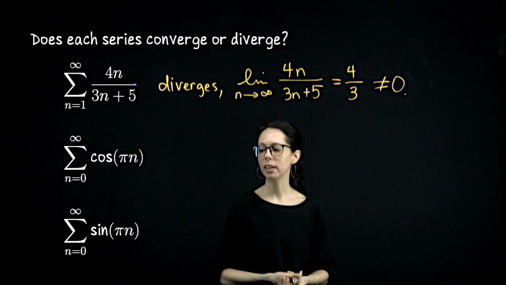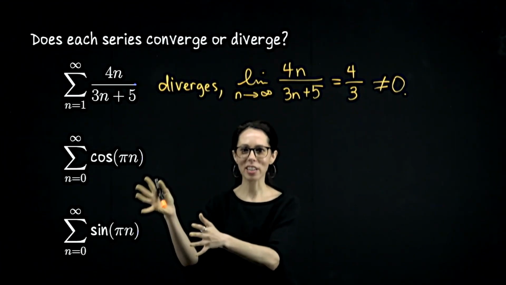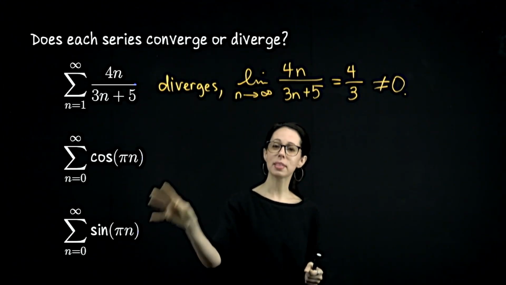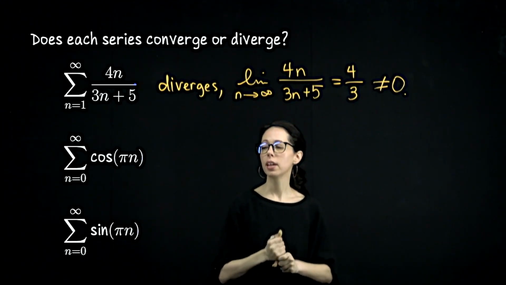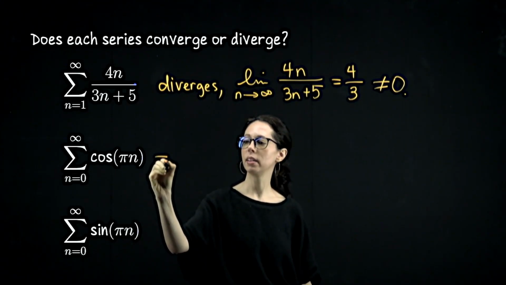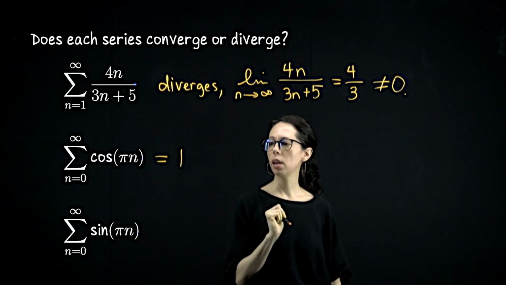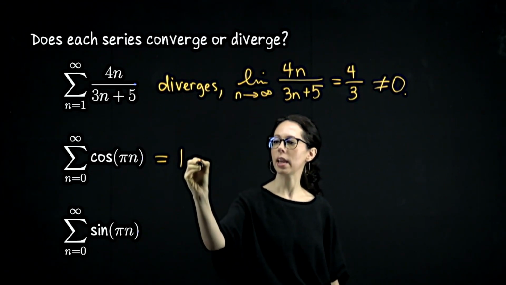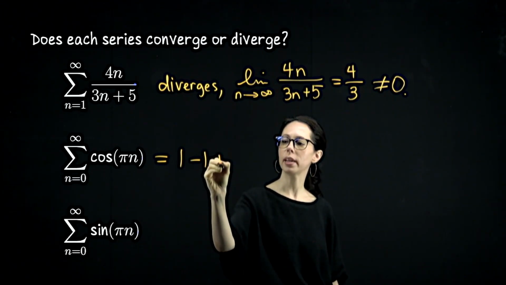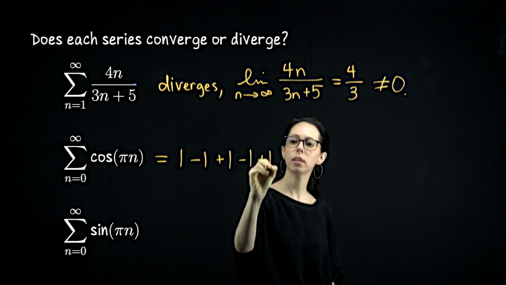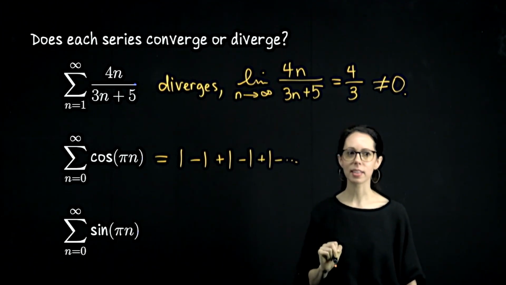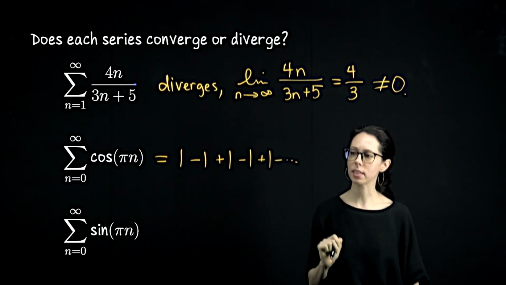But actually, these are not the functions cosine of x and sine of x. These are very specific cosine and sine values. In particular, cosine of pi n: if you plug in n equals 0, that's cosine of 0, which is 1, whereas cosine of pi is -1, and then cosine of 2 pi is 1. So we get an infinite series of alternating 1s and -1s.